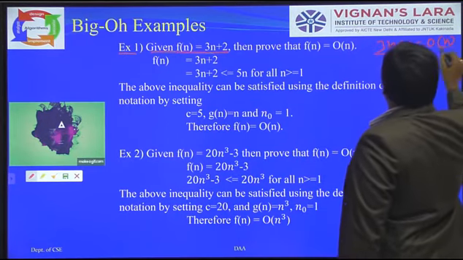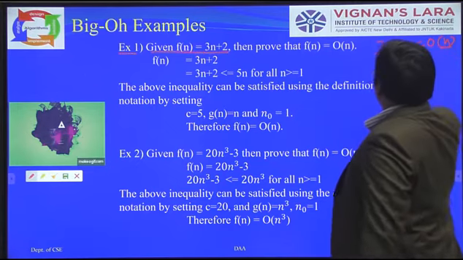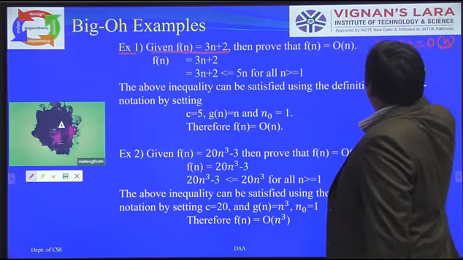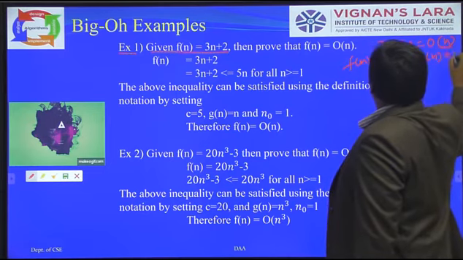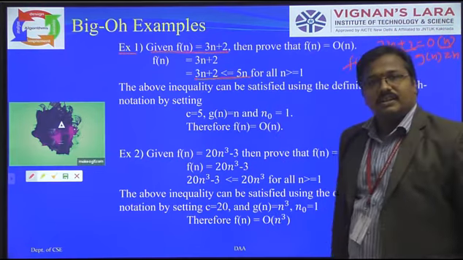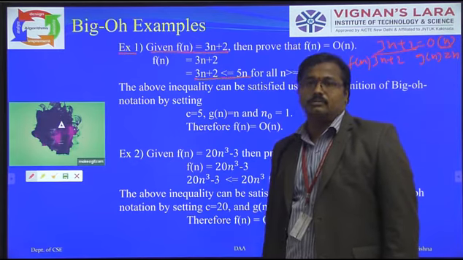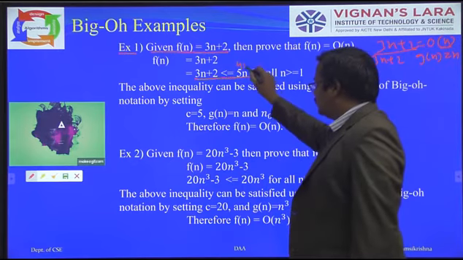This is f of n, and this is g of n. So 3n plus 2 is the f of n value, and the g of n value is n. Shall I write like this? 3n plus 2 is less than or equal to 5n. Simply you can write 4n also, no problem.